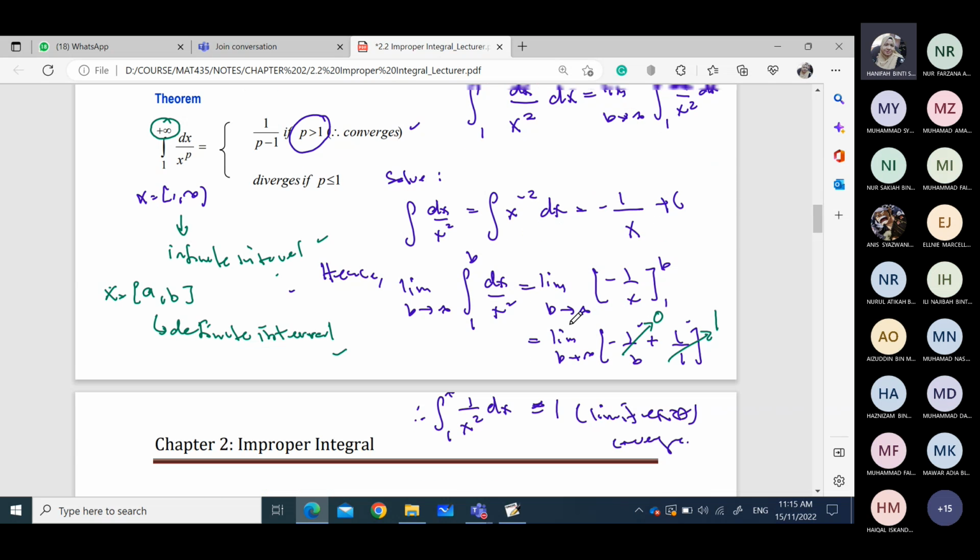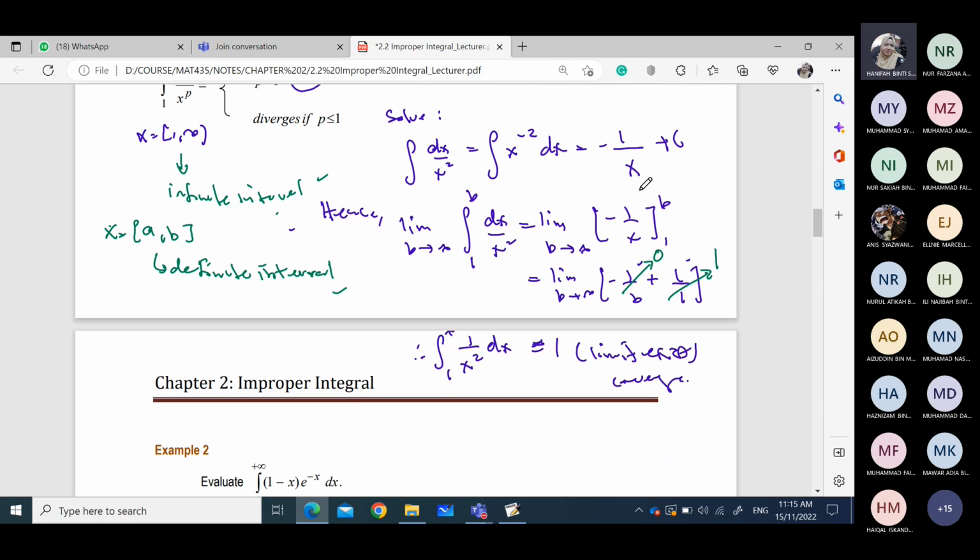Alright, any questions for this? Suppose we have 1 over x to the power of 3, like our friend asked just now. Based on this theorem, it says that if p, the power of x, is greater than 1, the improper integral always converges. To know whether it is true, you can try solving it.